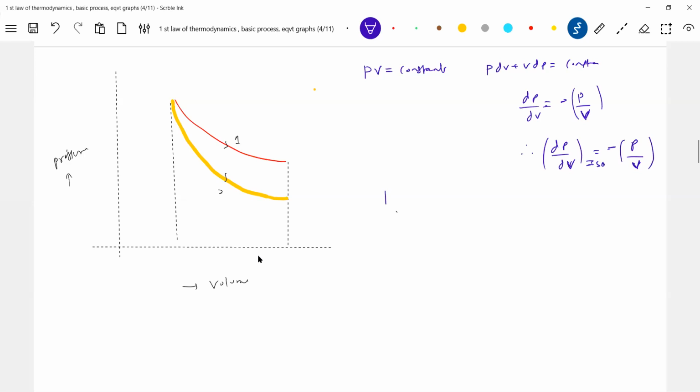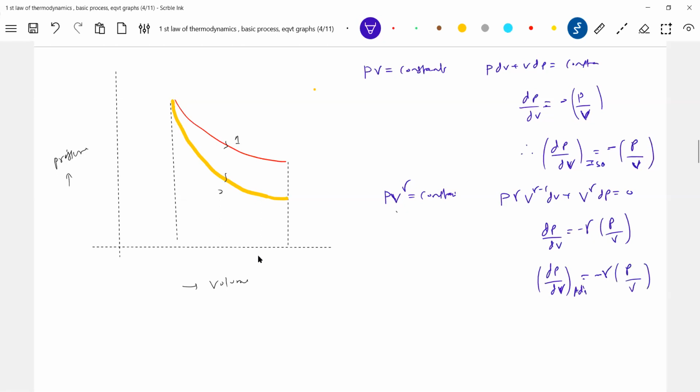Similarly for the adiabatic process, we'll see. I'll differentiate P V to the gamma: V to the power gamma dP plus gamma P V to the power gamma minus 1 dV equal to zero. If I solve this, dP by dV equal to minus gamma P by V. So this dP by dV, let me call this the slope for the adiabatic curve.